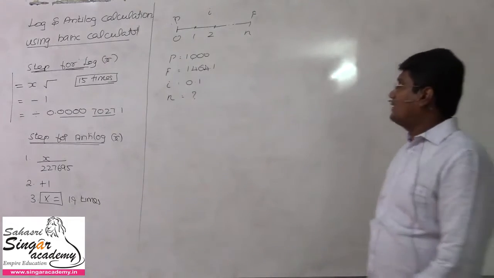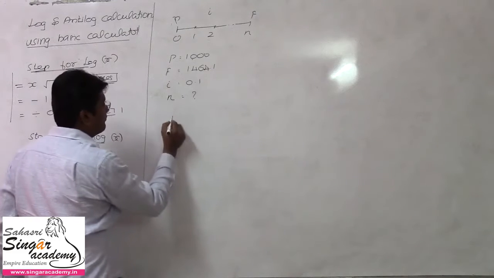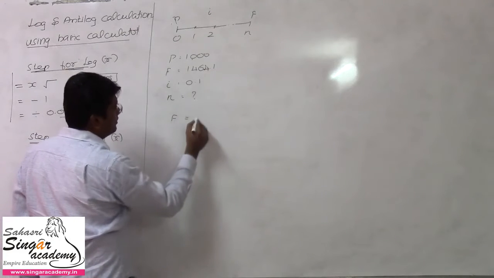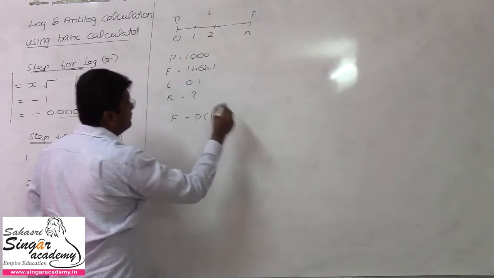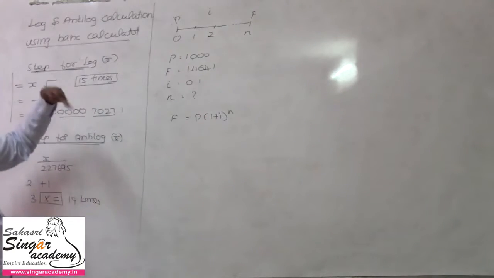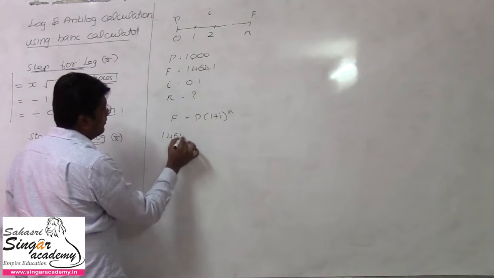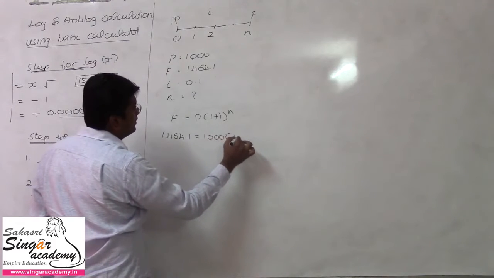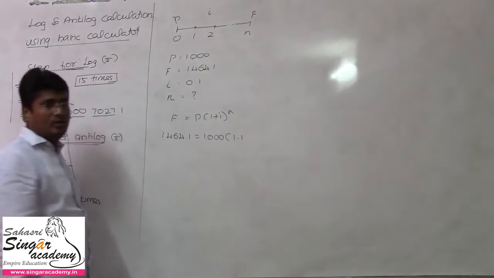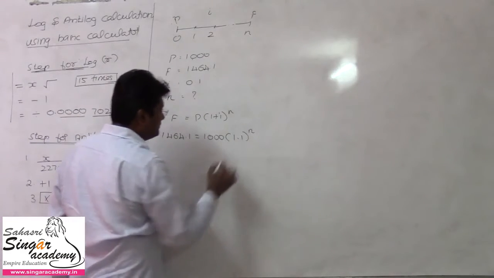To calculate n, we have the formula F is equal to P into (1 plus I) to the power n. Now I am going to fit in the known numbers. F is 1464.1, P is 1000 into 1.1, I is 0.1, so 1 plus 0.1 is 1.1 to the power n, which I don't know.